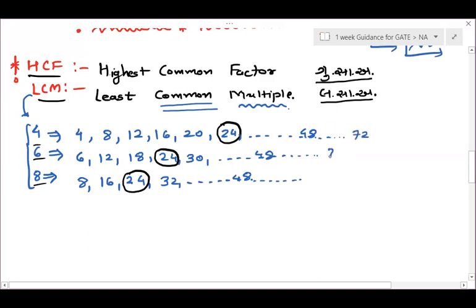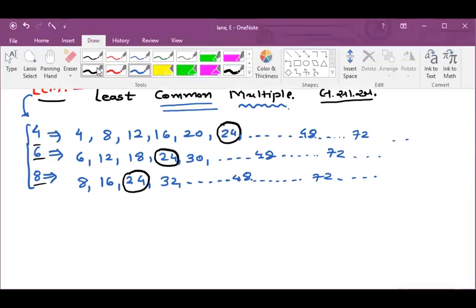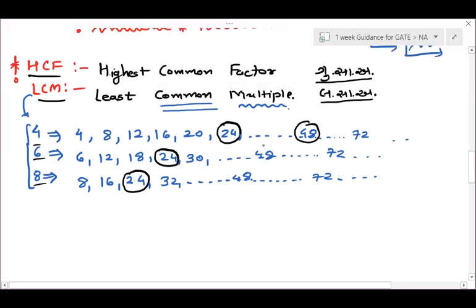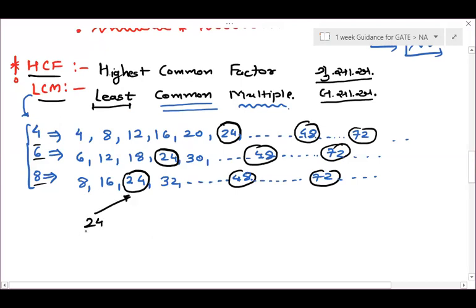And in the same way, we are getting so many common multiples. Among them, what we have to find is their least common multiple, that is the minimum common multiple, that is 24.